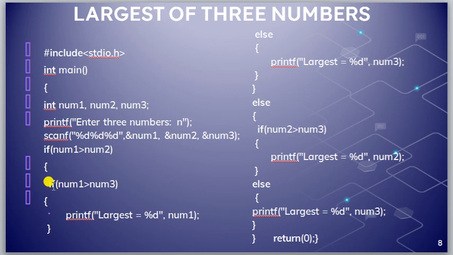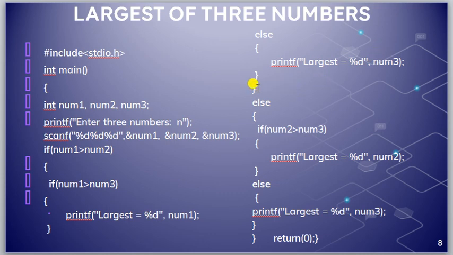Then next, the else case of this if statement. What will that be? Num1 less than num3. What do you mean by that? Num3 is the greatest number. So we will get num1 greater than num2, but num1 not greater than num3, so largest equal to num3.